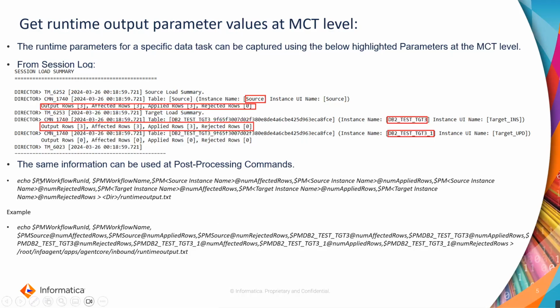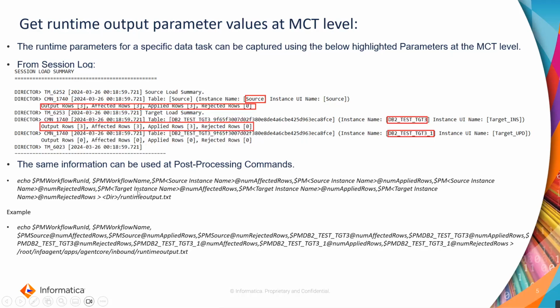We have different parameters like PM workflow run ID, PM workflow name, PM source instance name, @num affected rows, @num applied rows, @num rejected rows. The same way we can do it for target instance as well, like target instance name, @num affected rows, num applied rows.